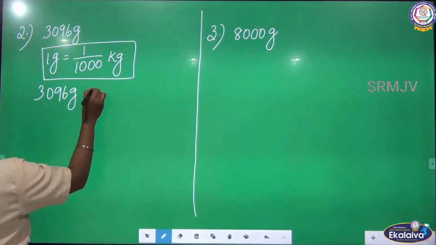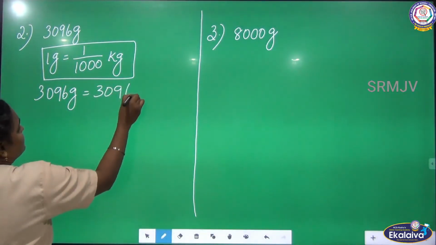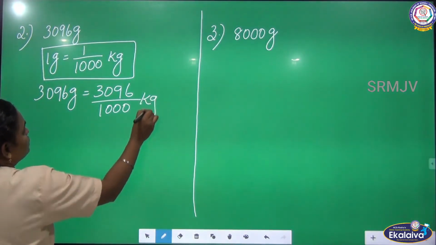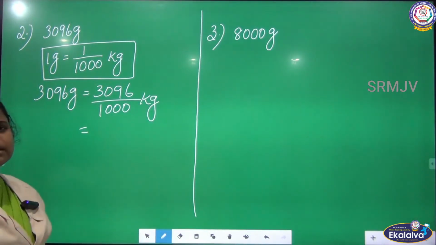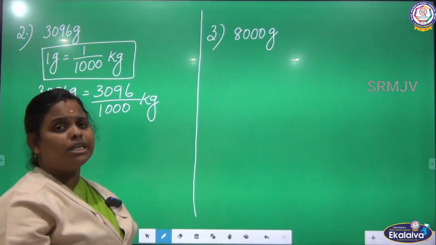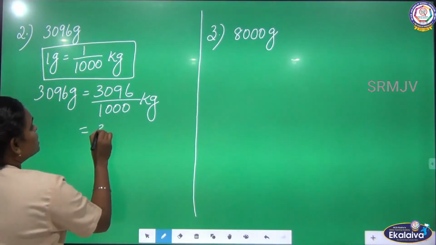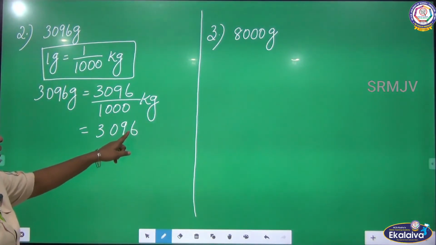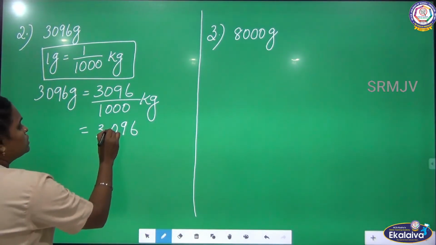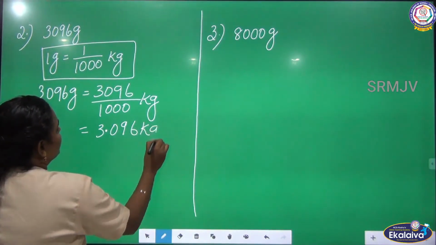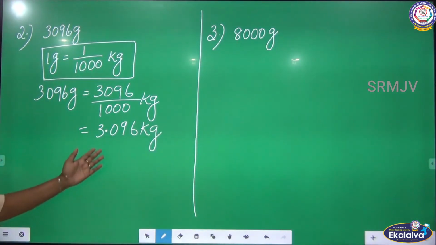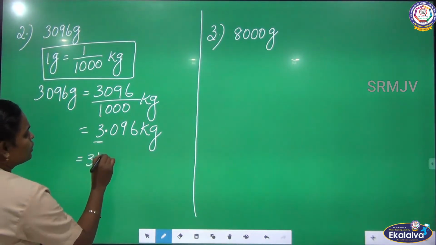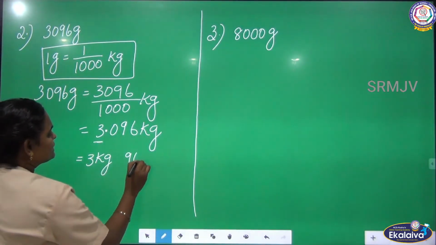So how many decimal places? 3 decimal places. So 3096, leave 3 decimal places, 1, 2, 3. So 3.096 kilogram. So how many kilograms? How many grams? So you can write 3 kilogram, then 96 gram.